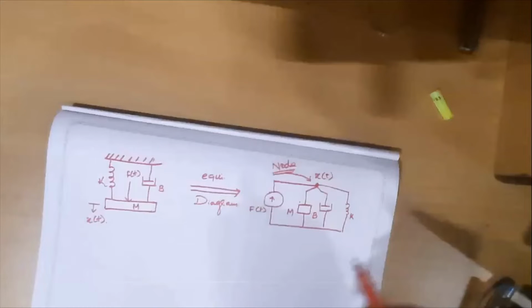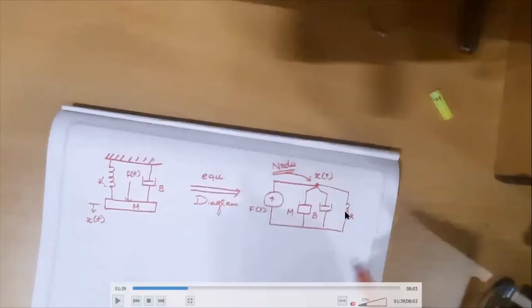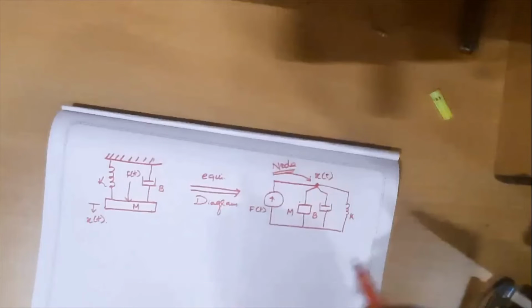You can imagine equivalently a current source connected to RLC elements. It is not the same as a parallel RLC circuit, I'm just telling a scenario to understand. Since the force is getting distributed uniformly on all three elements, without any doubt or loss of generality, we can represent them in parallel.